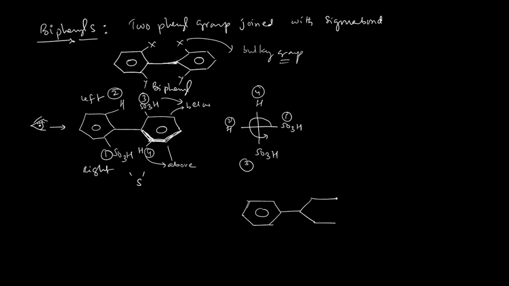Two phenyl groups joined with a sigma bond, one of the rings in a different plane. It is above the plane. Two ortho positions substituted with groups: NHAc, OMe.